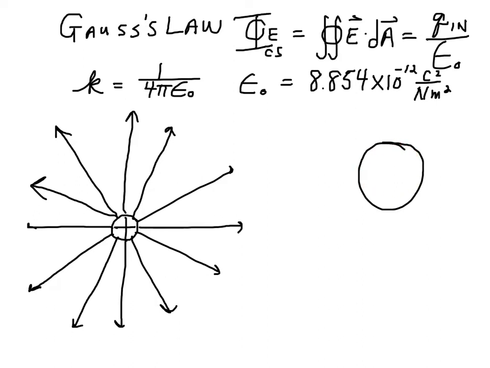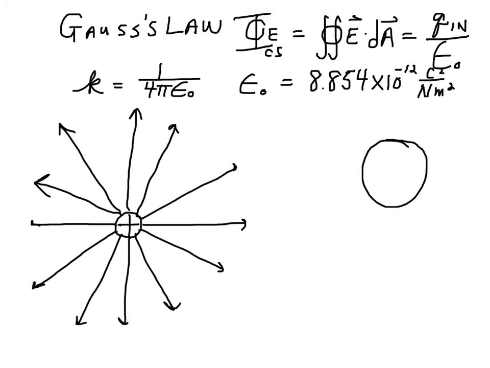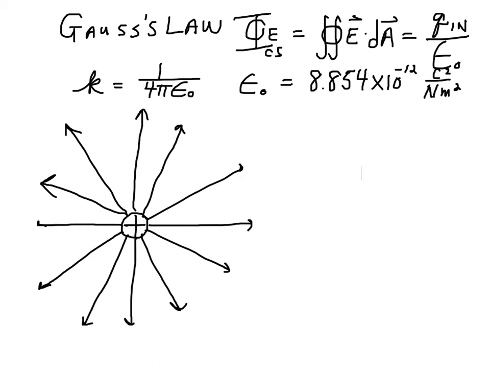And now I'm going to move it into the field. Wait a minute. No, I don't need that. Well, I can't move it. Let me figure this out. Okay, I'm back. Let's try this again. Here's my closed surface. It's a circle in 2 dimensions, or if we were in 3 dimensions, it would be a sphere.